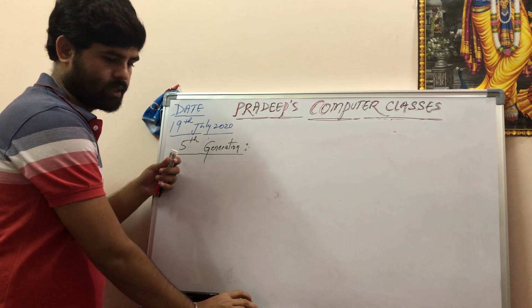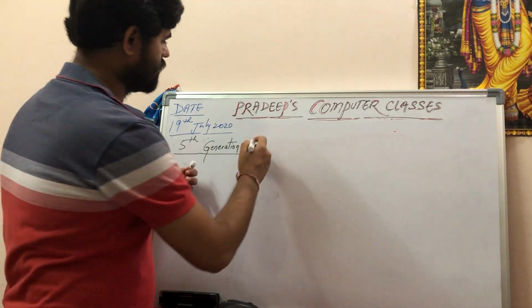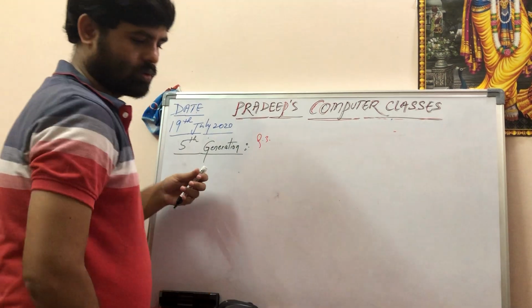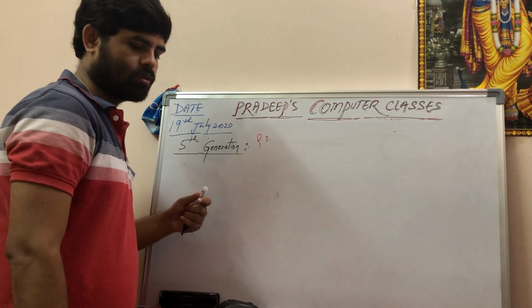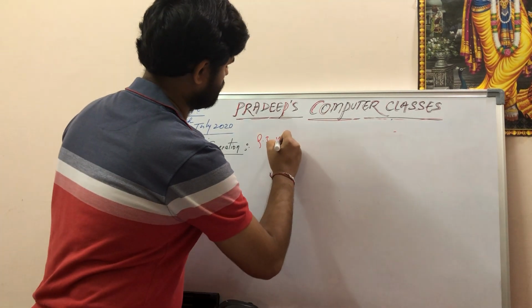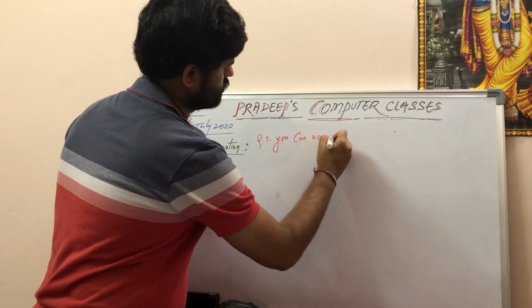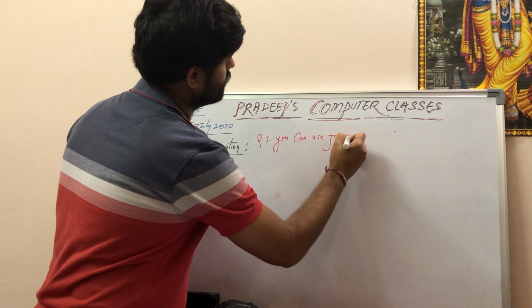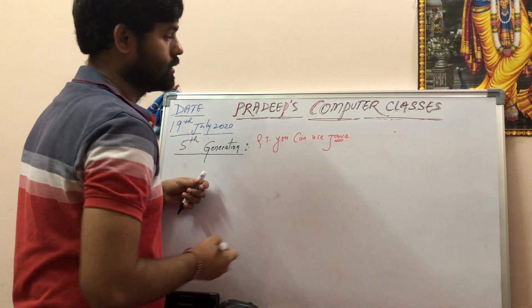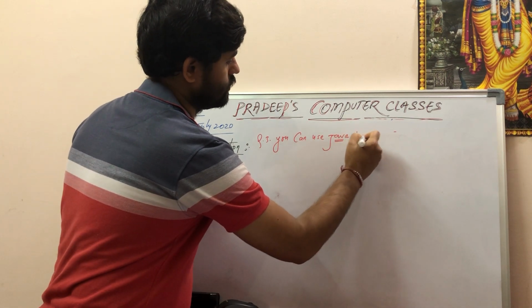Some more questions are there. Okay, so question number 3. The question is, you can use Java in which of the following generations? Easy question. Java is an input language. I have said we can use Java in which generation?